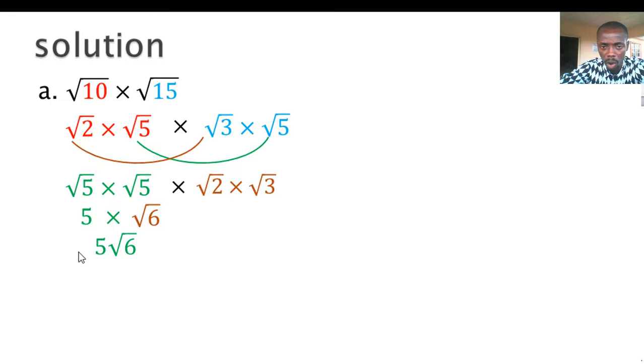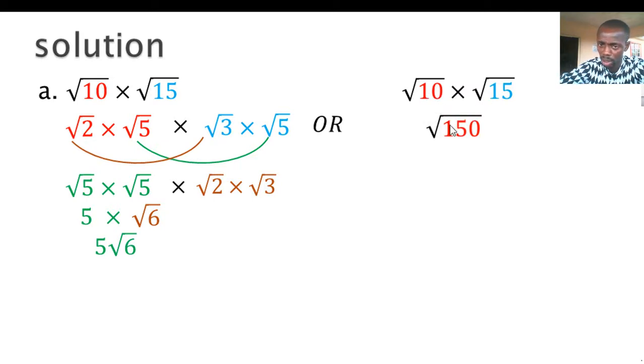Alright, or I may decide to do it this way by saying root 10 multiplied by root 15, which is root 150. Like we're used to some set of numbers in previous classes, we call them perfect squares or perfect roots.